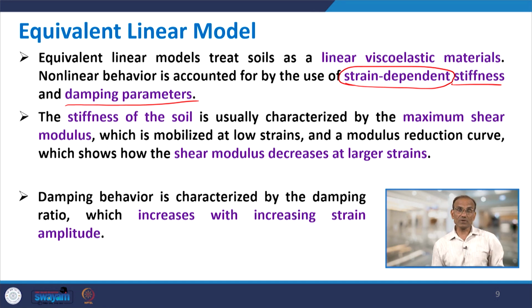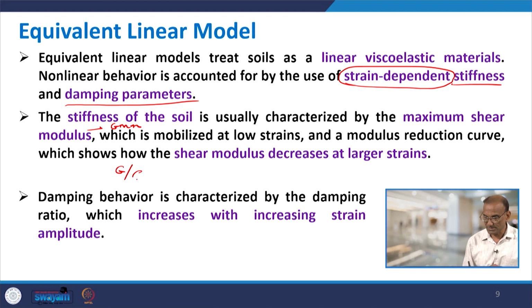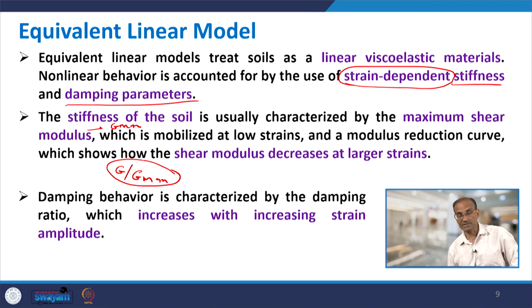The stiffness of the soil is usually characterized by the maximum shear modulus, which we will discuss in detail, which is mobilized at low strain, and a modulus reduction curve which shows how the shear modulus decreases at larger strains. For the first part, stiffness, you have G. The maximum shear modulus will be represented by G max, and the shear modulus will simply be G. So, you will have G by G max curves, showing how G by G max varies with the strain; we will discuss that.